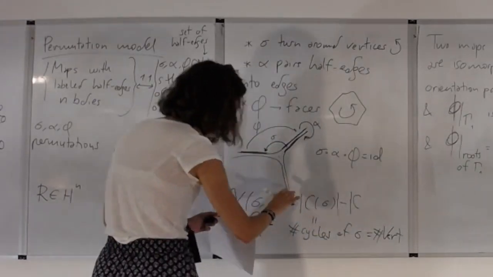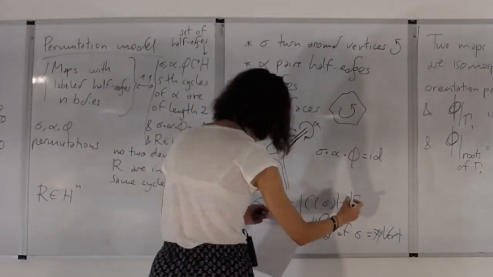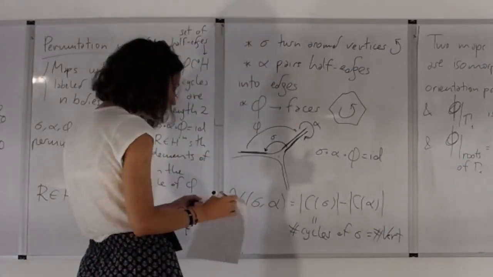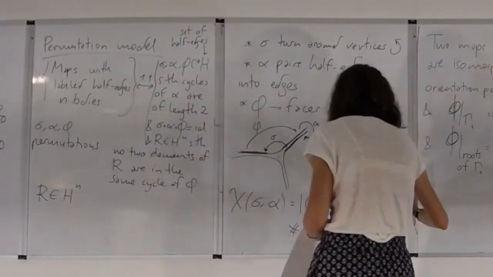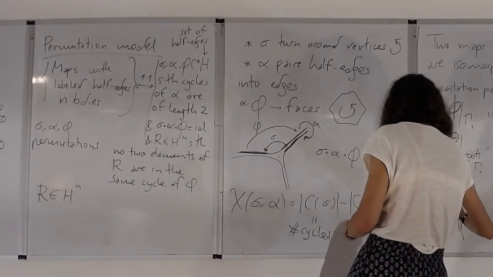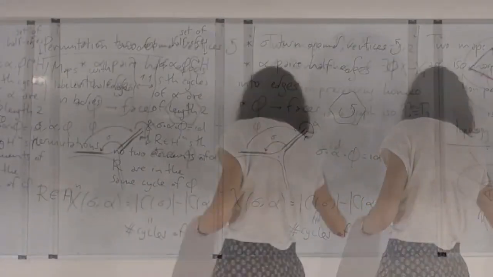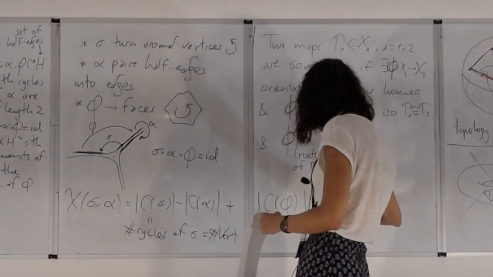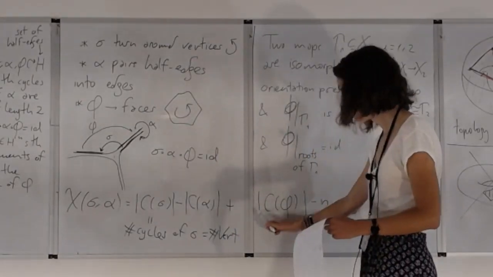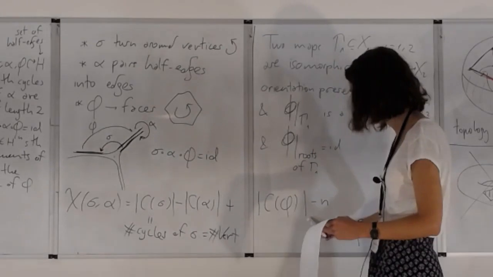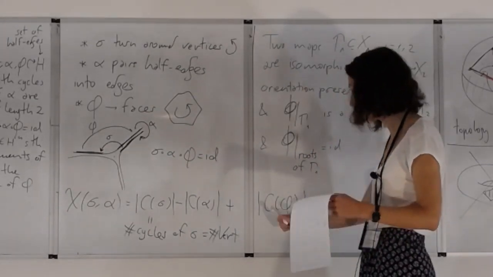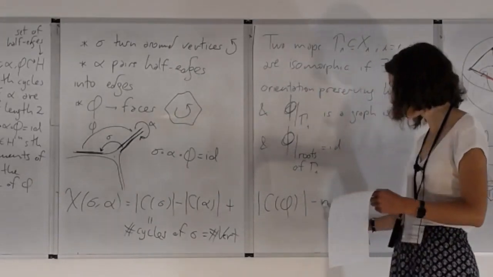So it's the number of cycles of sigma, which is the same as vertices, minus the number of cycles of alpha, which is the same as edges, plus the number of cycles of phi, minus n. So this is the same as the total number of faces, and this is the number of boundaries.